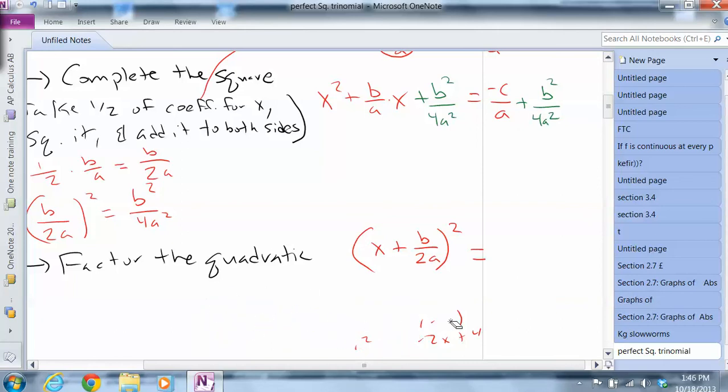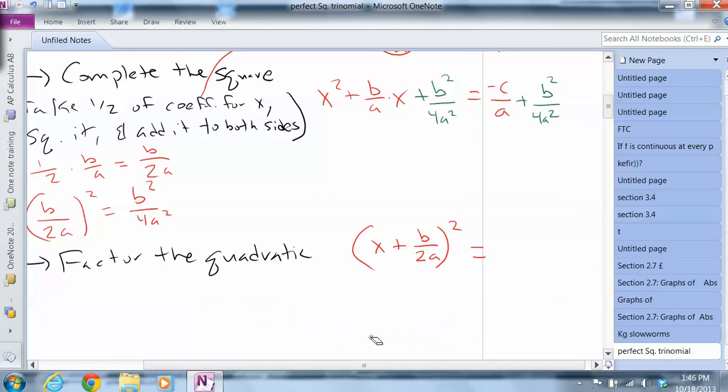Okay. Now, let's actually work it out. Remember, we have x plus b over 2a and x plus b over 2a. What happens if you multiply it out? You get x squared plus b squared over 4a squared.